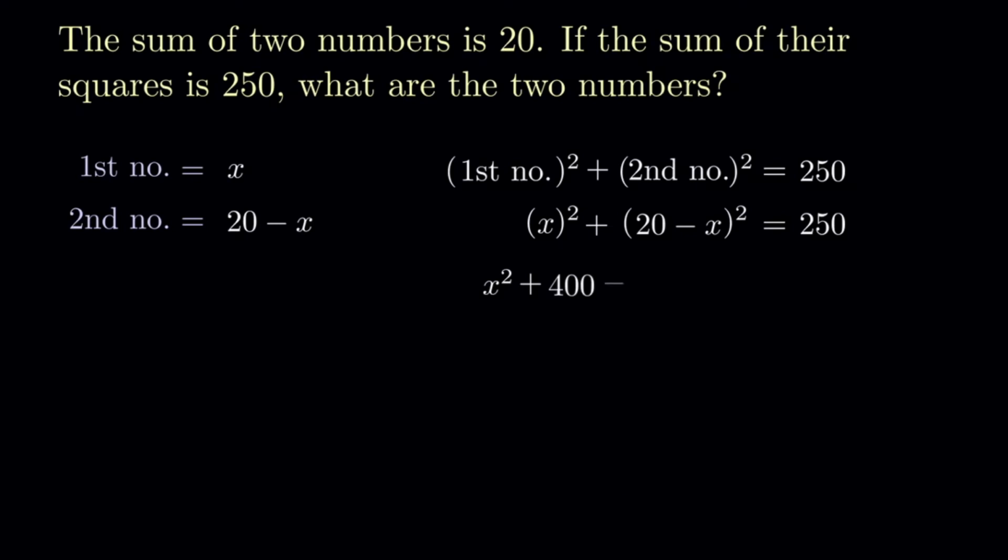And then, minus, because the sign in the middle is minus, 2 times the first term, 20, times the second term, x. So, 2 times 20 is 40, times x is 40x. And then, plus the square of the second term. So, the square of x, we have x squared equals 250.